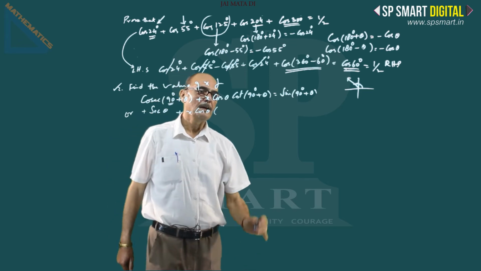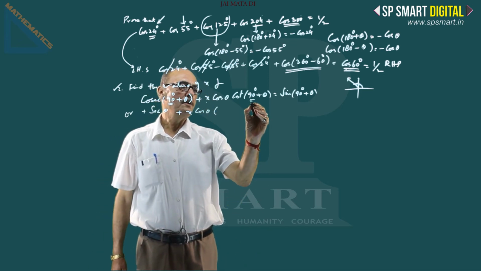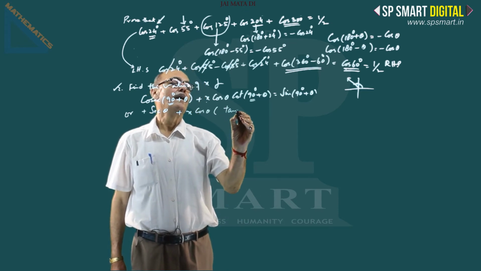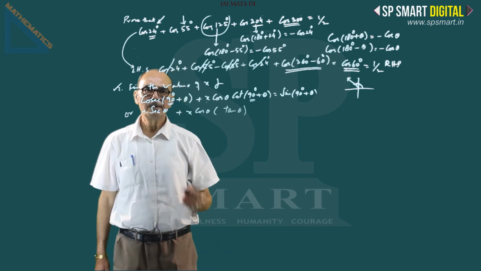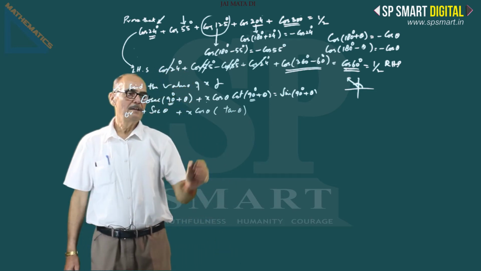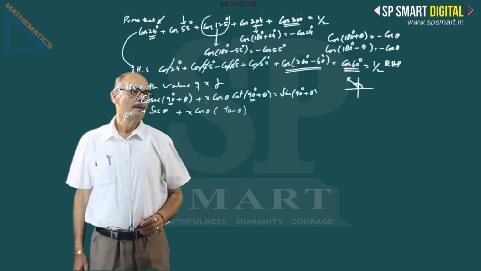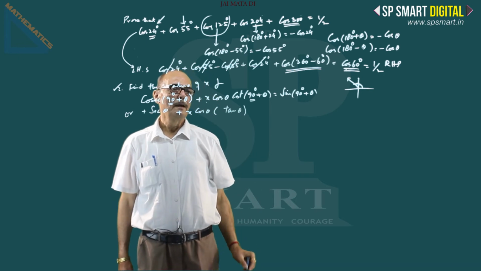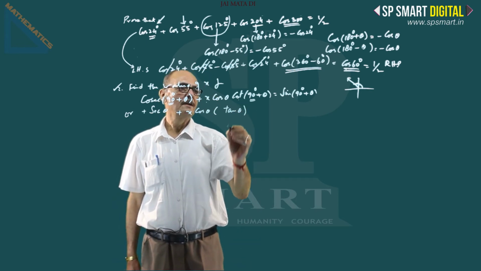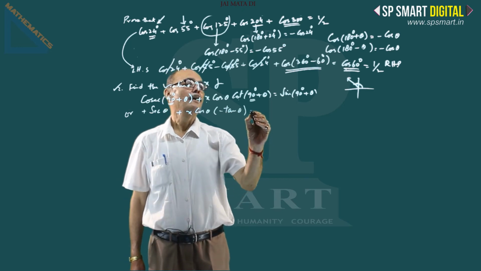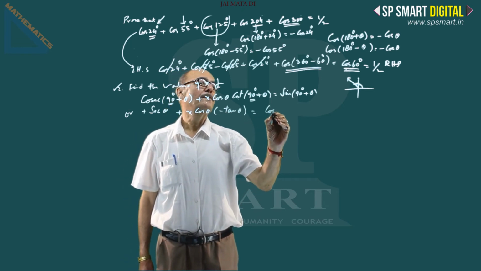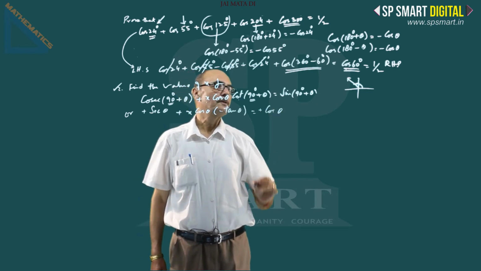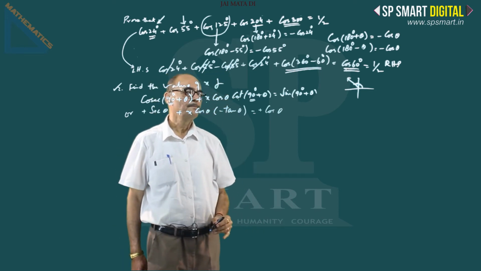Now, cot of 90 degrees plus theta, again 90 degrees is an odd multiple of 90 degrees, so cot will change into tan. And next we have to see whether it is positive or negative. 90 degrees plus theta, I explained, lies in the second quadrant, and in the second quadrant cot is negative, equal to cos of theta, which is positive because sine is positive in the second quadrant.